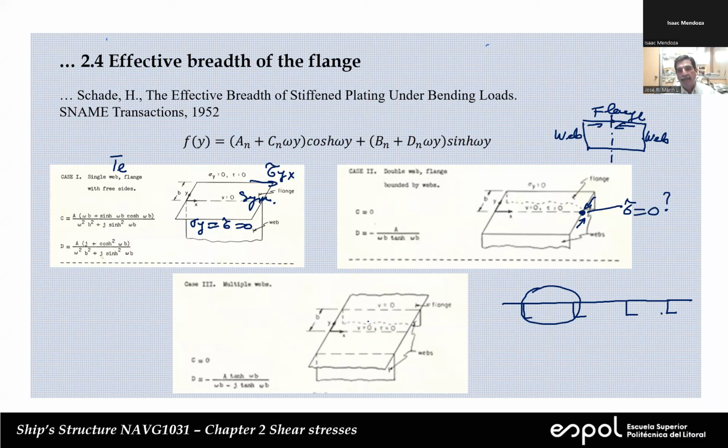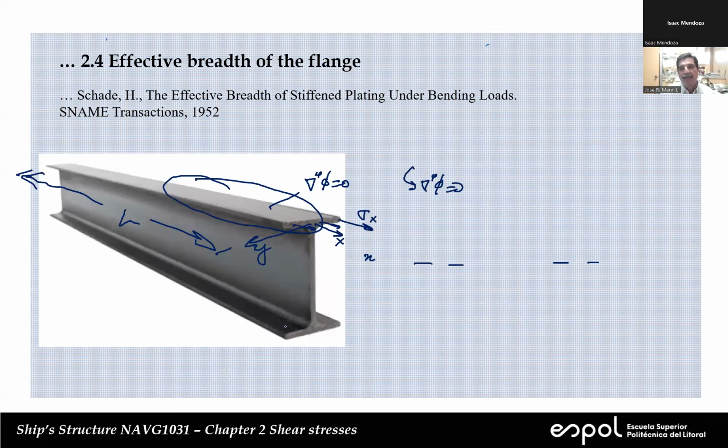Again, we have 3 boundary conditions, so we can express C and D as function of A. So C as function of A, D as function of A, C is 0, D as function of A. That's all we can do so far, because we have only 3 boundary conditions for each one of these cases.